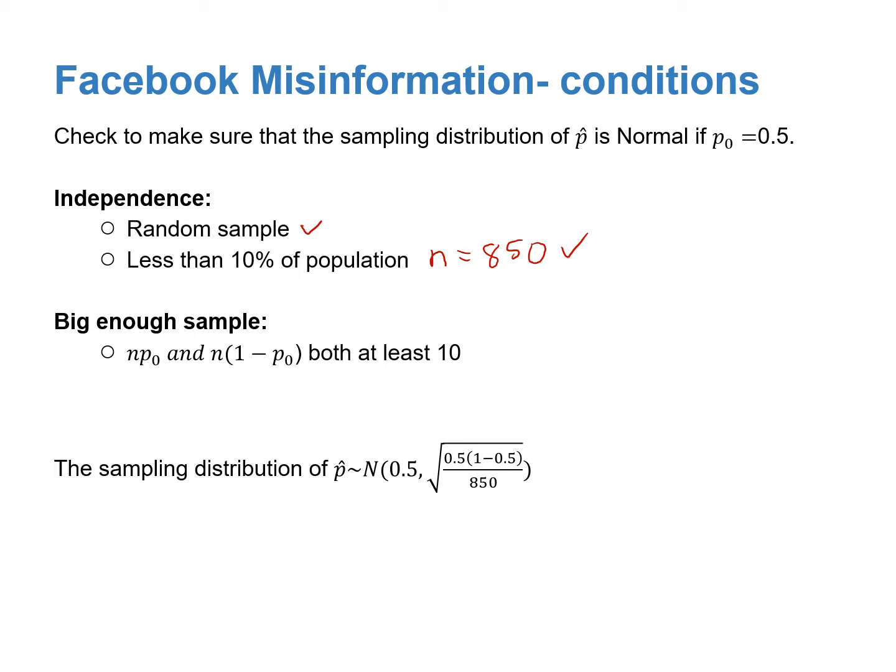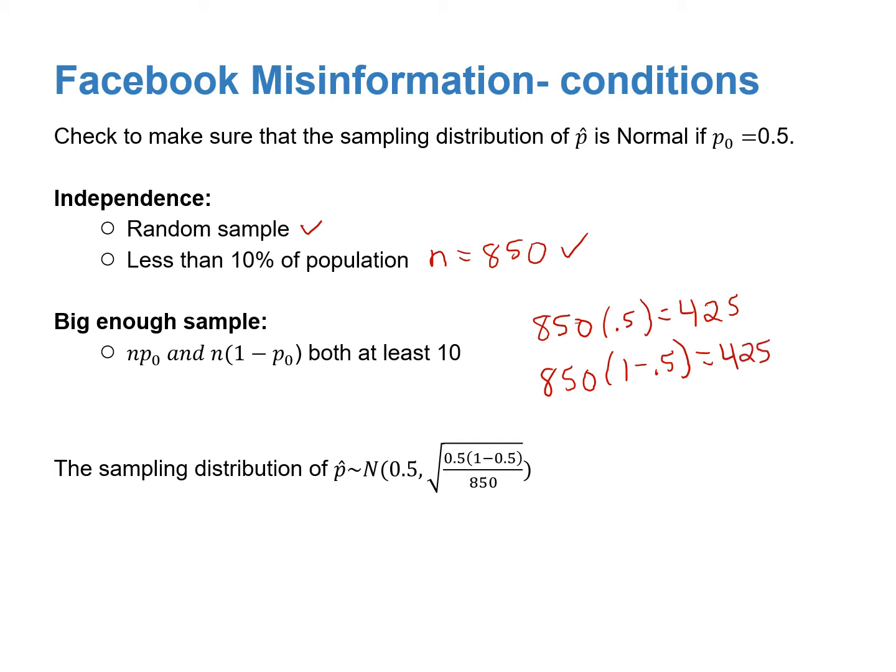The other thing we need to make sure is that the sample size is big enough. And the way that we check that is by taking n times p sub 0 and n times 1 minus p sub 0 and making sure that they're both at least 10. In our case, n is 850. If I multiply that by p sub 0, I get 425. And if I take 850 and multiply it by 1 minus 0.5, I also get 425.